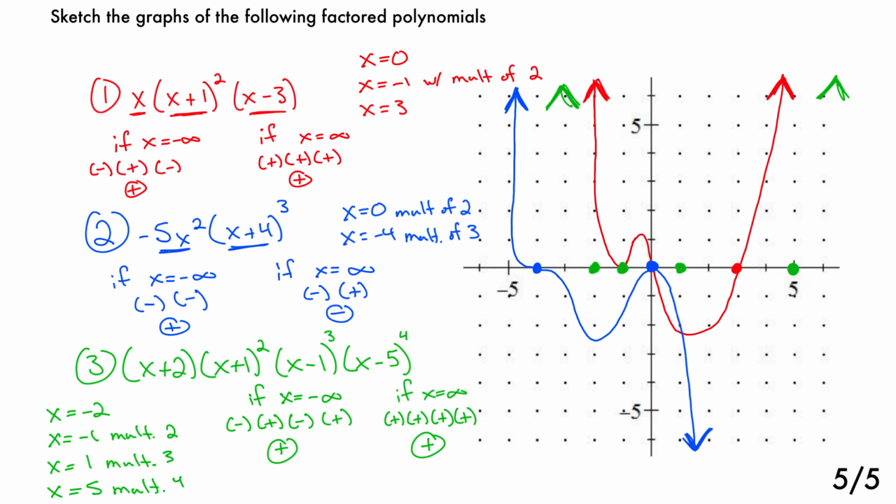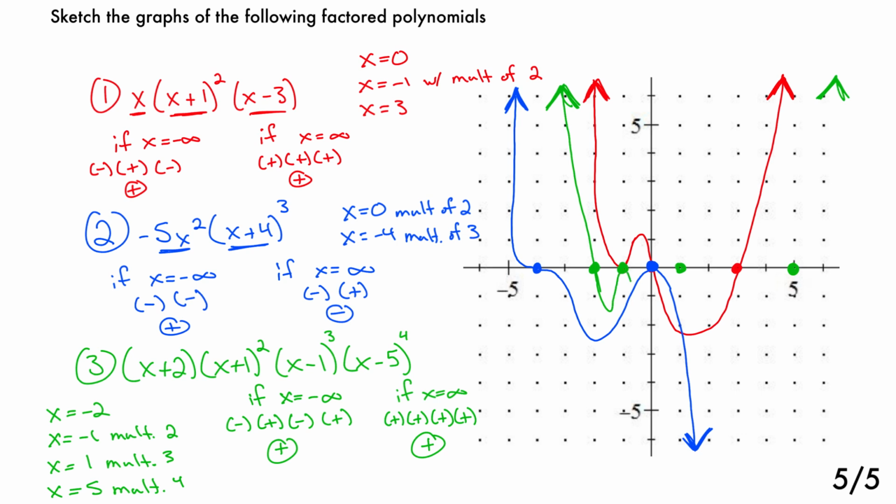Now that we have the roots, their multiplicities, and the end behaviors, we can now graph this. So the x equals negative 2, that's just a normal first degree root, so just go through it. Then at x equals negative 1, which is my next one coming up, I have a multiplicity of 2, so it's going to bounce off.